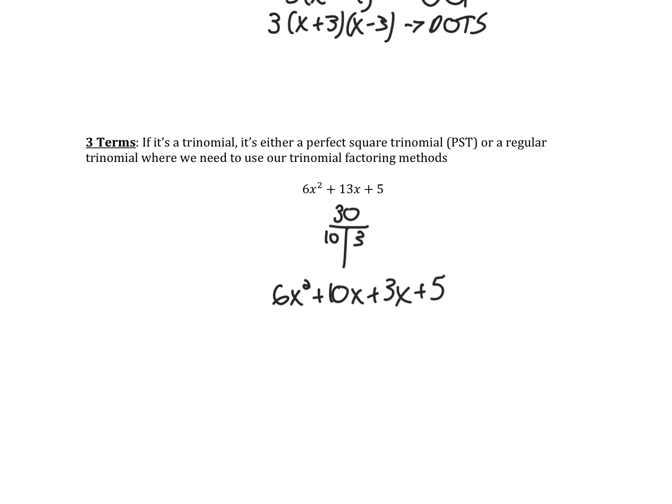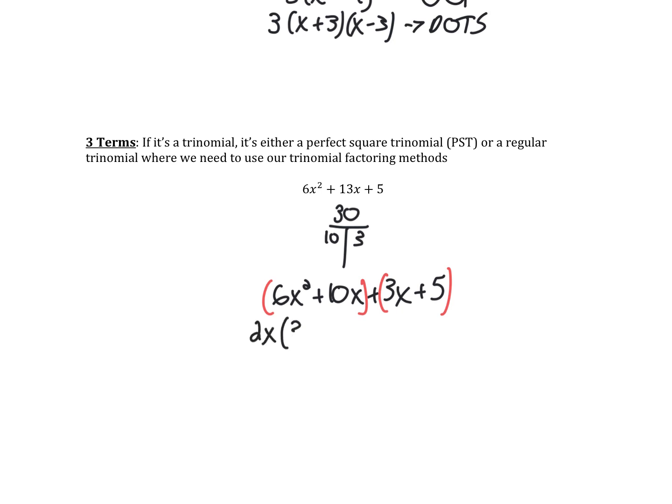Now if you remember, we're going to factor by grouping the first two terms and the last two terms. So what can I factor out of 6x squared plus 10x? Well, I can factor out a 2 and an x.